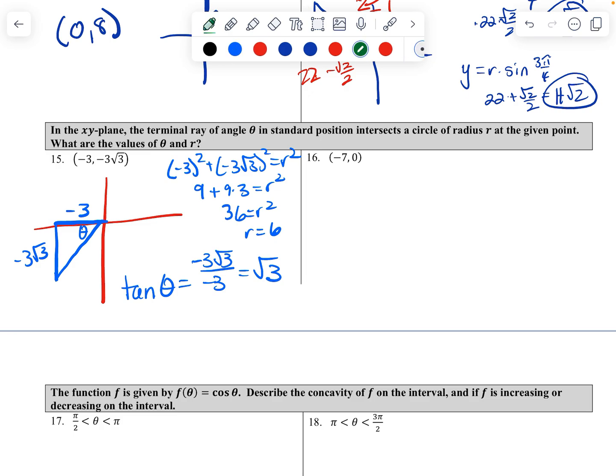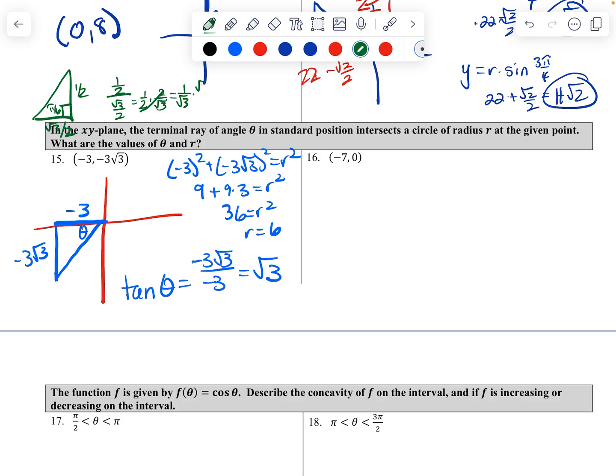Well, I know it's not pi over 4, so I'm going to try, is it pi over 6? Sine is half, cosine is root 3 over 2. Well, our tangent, half over root 3 over 2, keep, change, flip, is 1 over root 3.